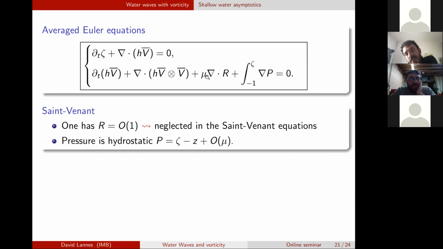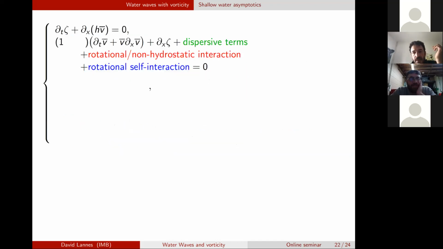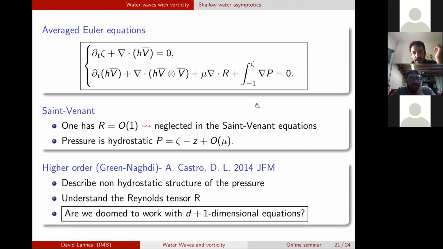So you can neglect this term. For the integral of the gradient of the pressure, you can find that the pressure at first order is hydrostatic, so it is just the pressure created by gravity plus terms of order mu. You drop them, and then you obtain the standard shallow water or Saint-Venant equation.